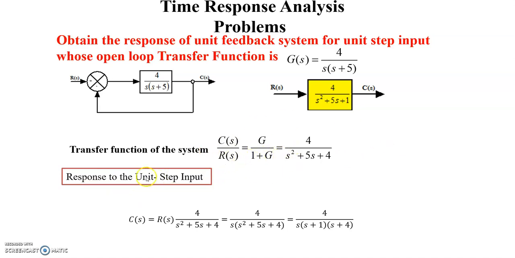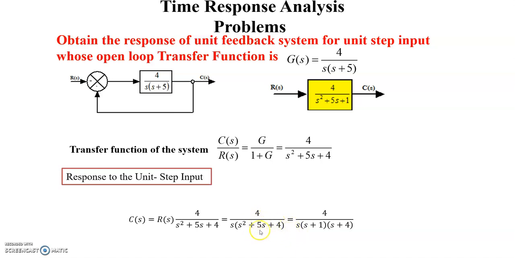I am giving R(s) = 1/s. So C(s) = R(s) × 4/(s^2+5s+4), replacing R(s) by 1/s, so 4/(s(s^2+5s+4)). Now you can find the roots for this, because 4 into 1 is 4 and 4 plus 1 is 5.